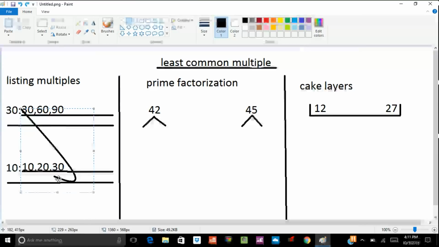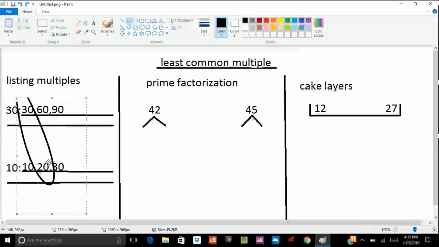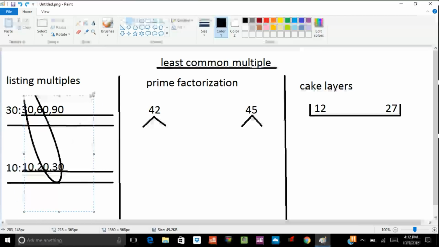How do we even do this? Oops, delete that and let's start all over. Can I move it? No, I can't. Okay, you know what? I'll just use the brushes.